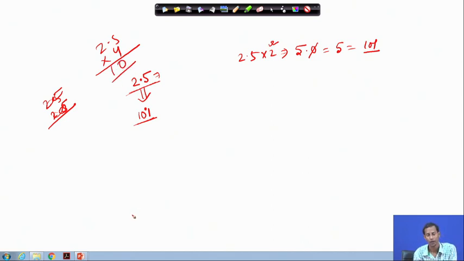But if I take only the integer portion of 2.5, it will be 1 0, which is only 2. At that time I will get the result as 8. So 2 will be the error which I accumulate for this particular multiplication.